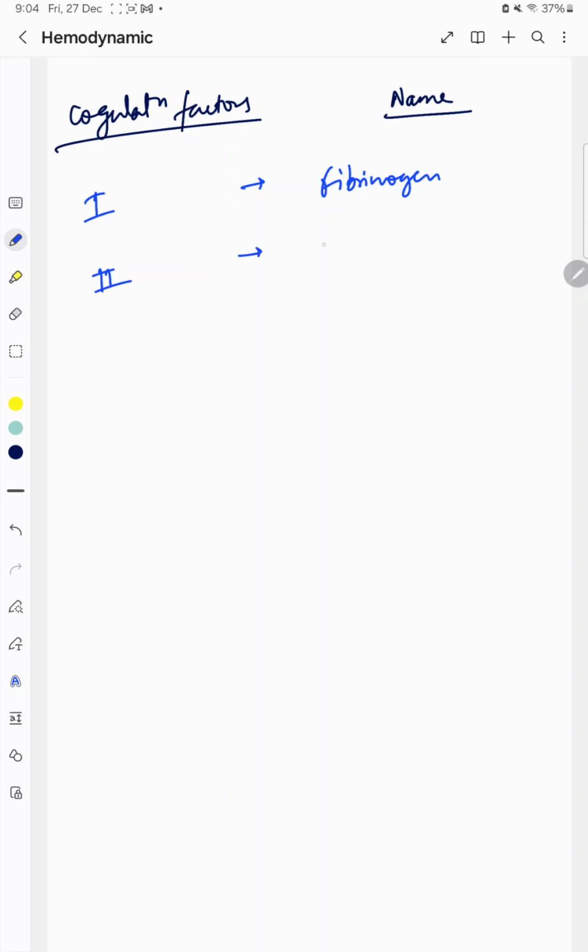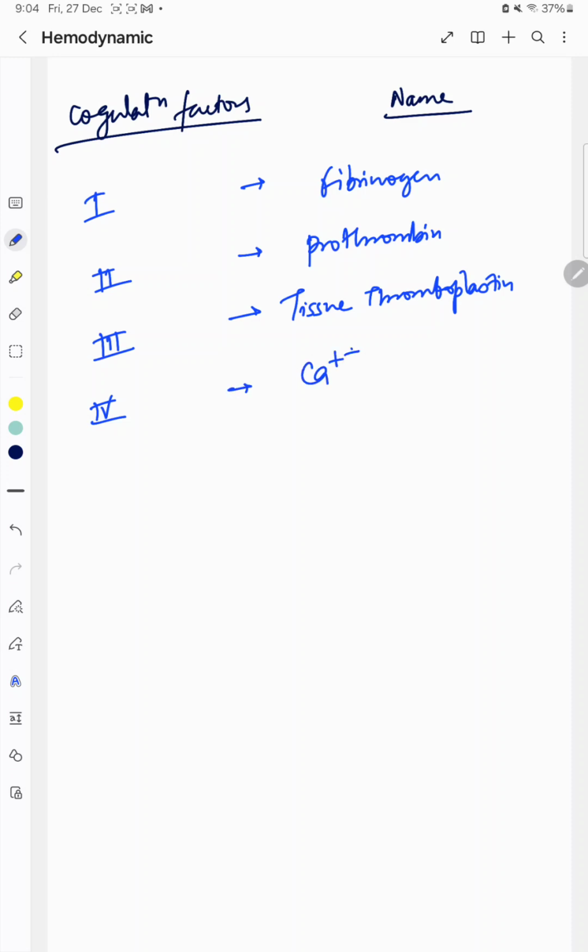Second clotting factor is known as prothrombin. Third coagulation factor is known as tissue thromboplastin. Fourth clotting factor is calcium. Fifth coagulation factor is labile factor.